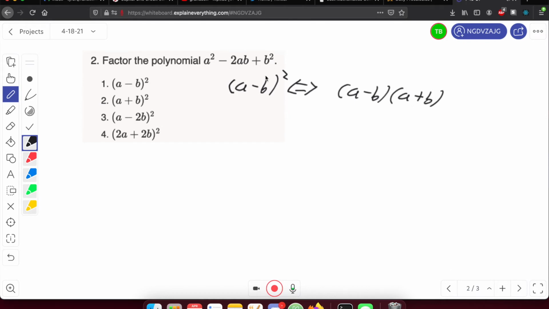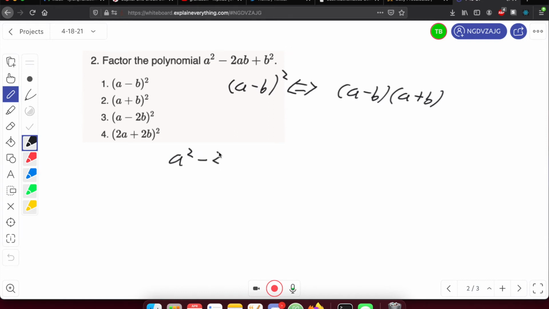It's not two terms, it's one term squared. So this is what a perfect square represents. And so we're going to try and factor our polynomial in a way that creates a perfect square.